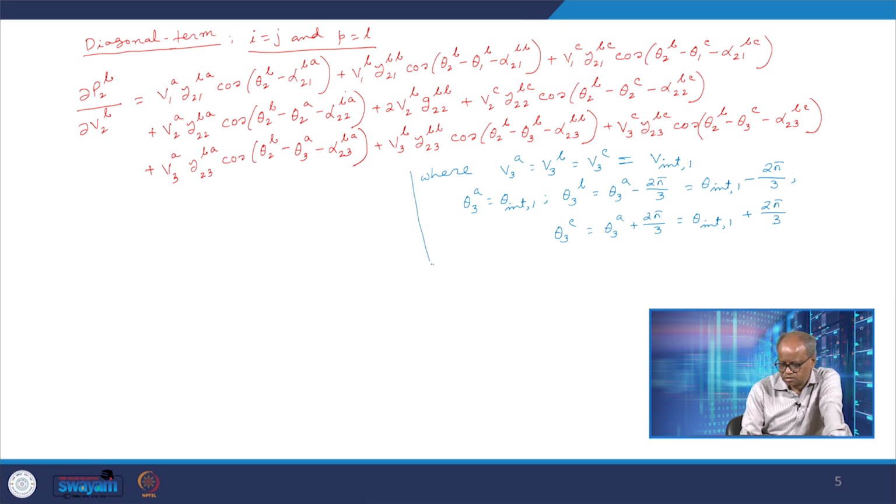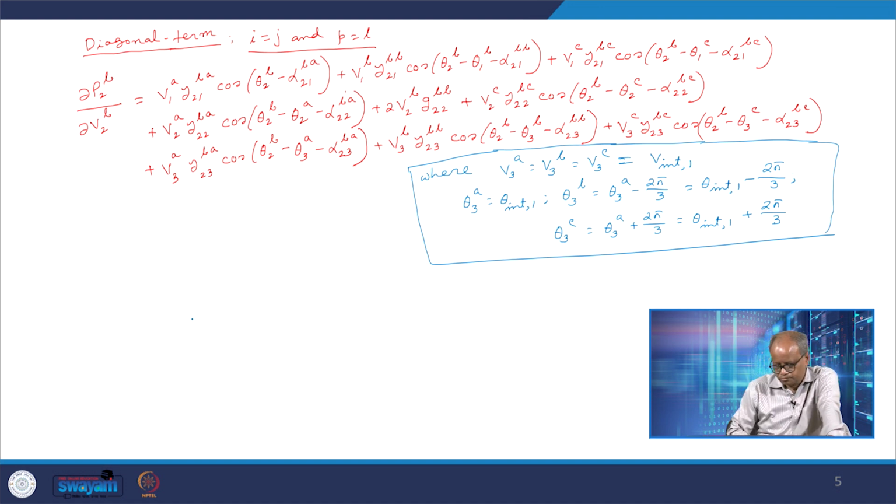So these expressions we have used in the partial derivative term, so that we can write down a general expression.